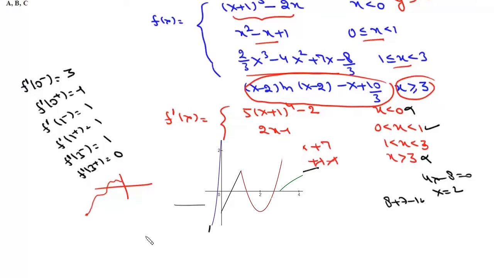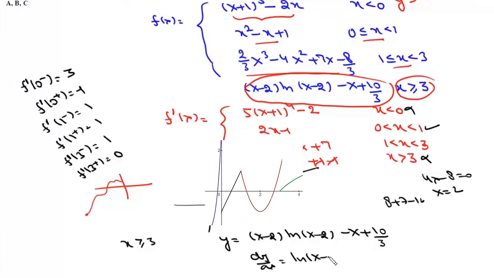So if you look at this fourth interval, that is when the value of x is greater than or equal to 3, this y is (x minus 2) log(x minus 2) minus x plus 10 by 3. We have already worked out its derivative. Its derivative dy by dx is log(x minus 2), and it is greater than or equal to 0.